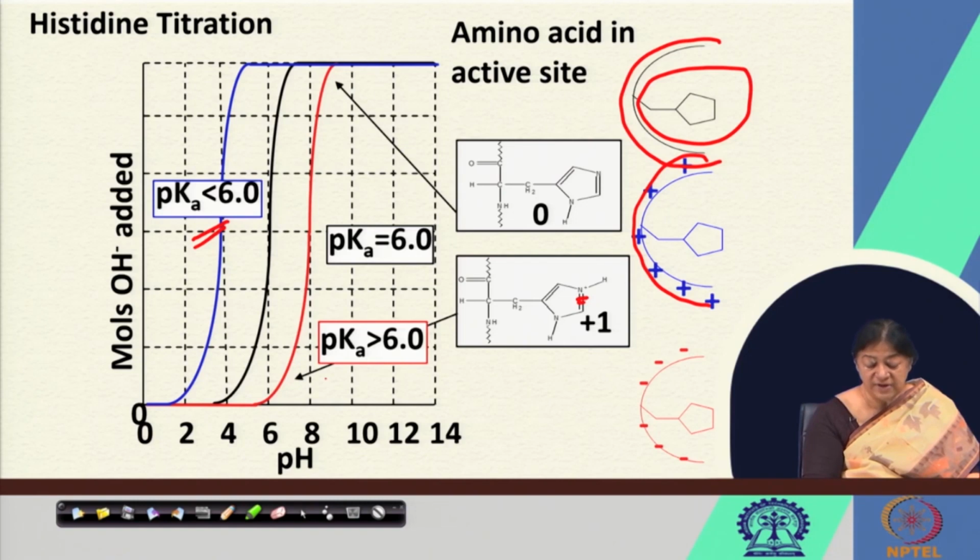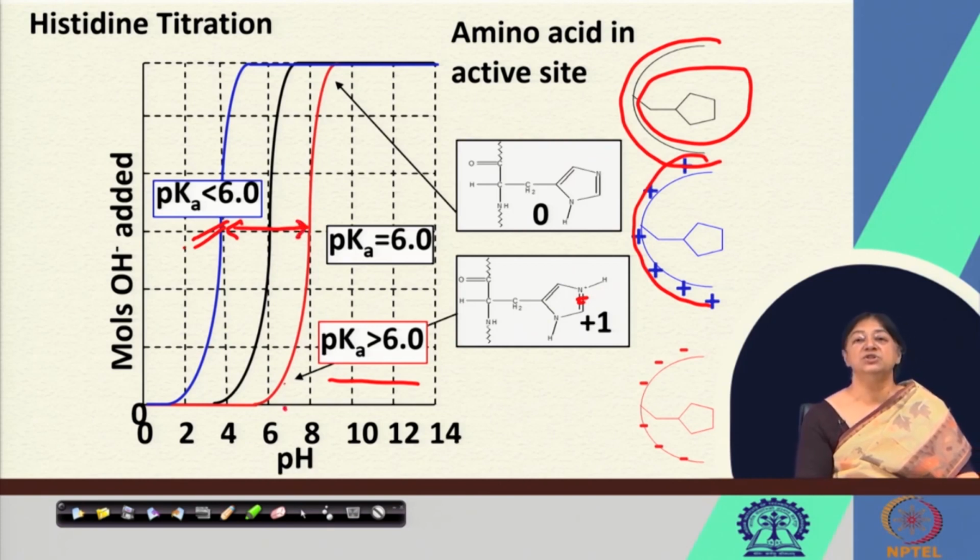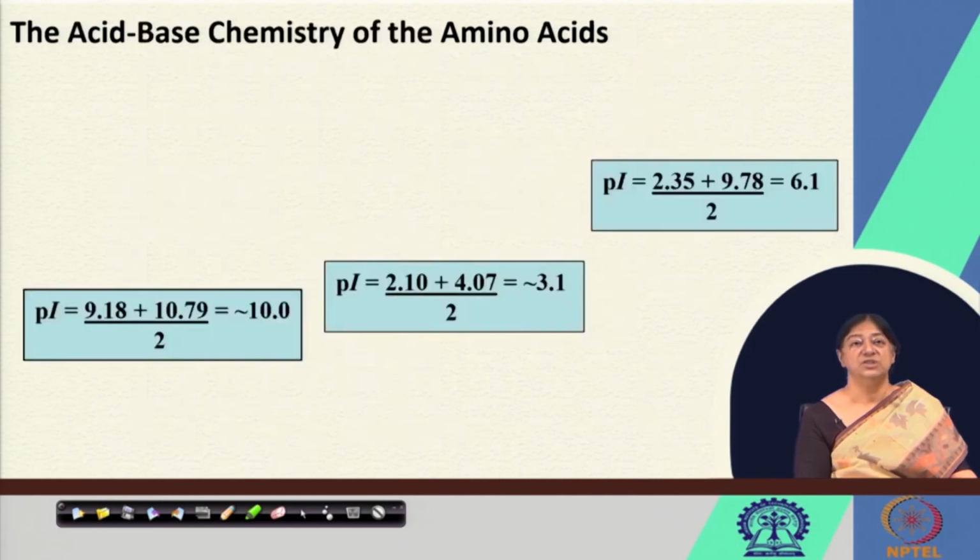So, we can have a greater than 6 value and a less than 6 value, and the interesting part here is that the range covers our physiological pH of 7.4, and we will see that later during the course. It is interesting to note that the pKa of histidine can vary from 5 to even close to 8. That is an important feature which we will understand later as we go along.